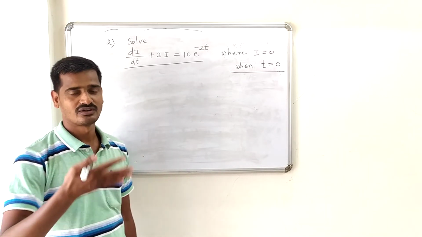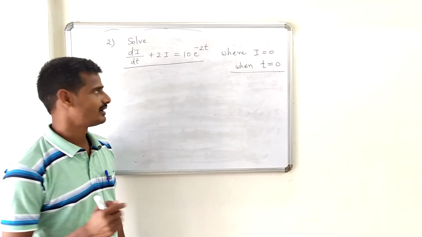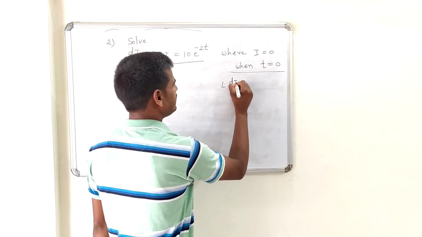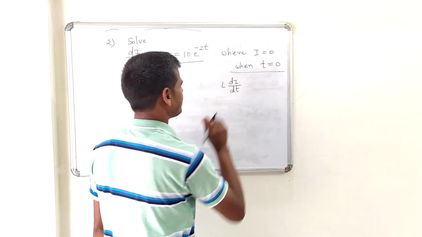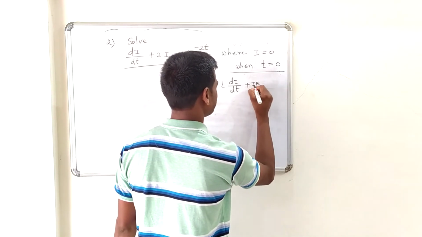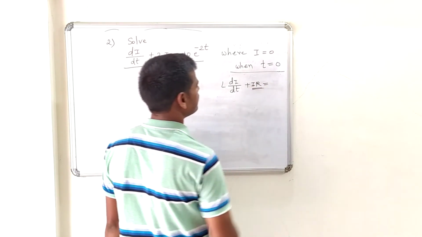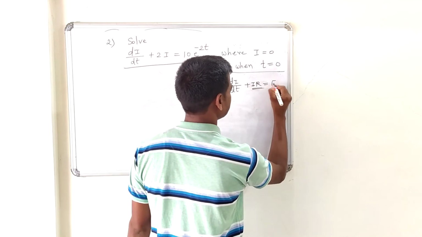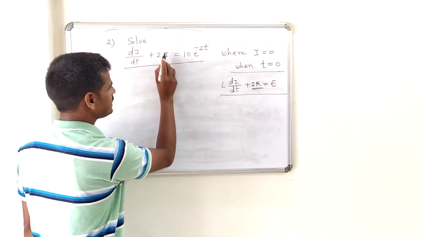What is the differential equation for a simple LR circuit? Applying Kirchhoff's voltage law, it is L dI/dt, which is the voltage drop across the inductor, plus IR, the voltage drop across the resistor, equal to the applied EMF, that is E. So this differential equation is in this form.